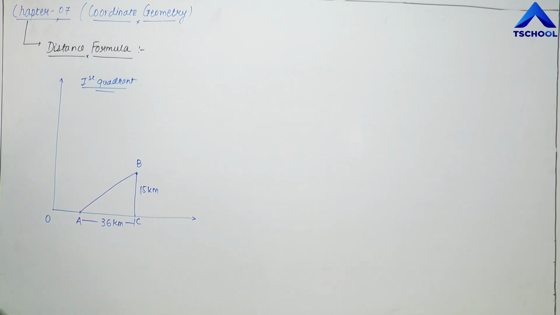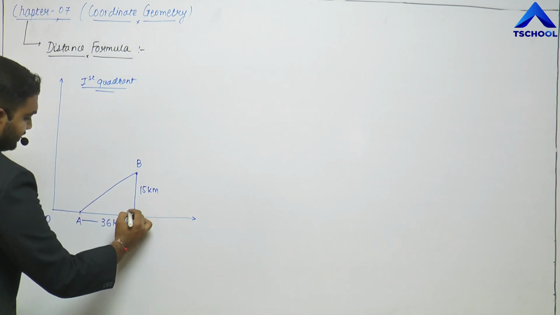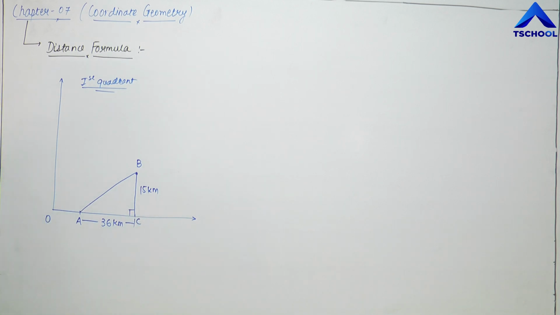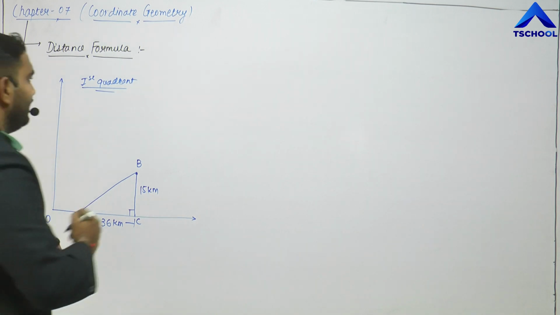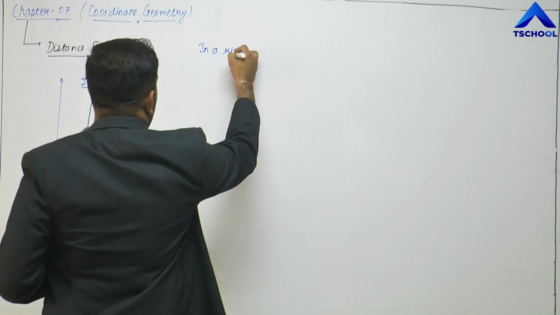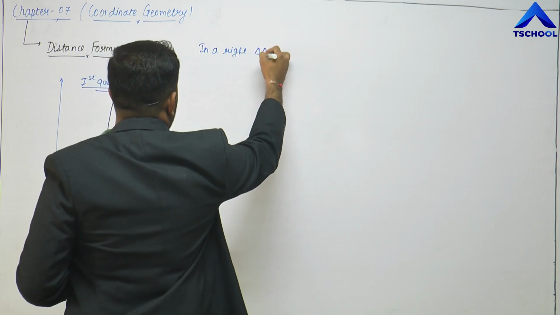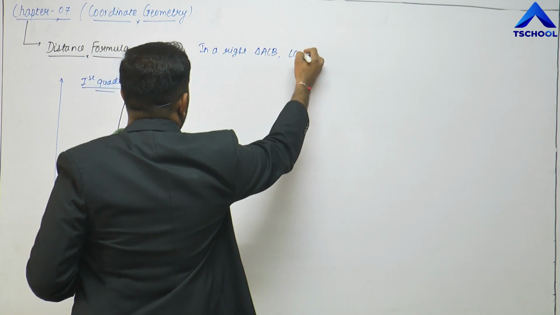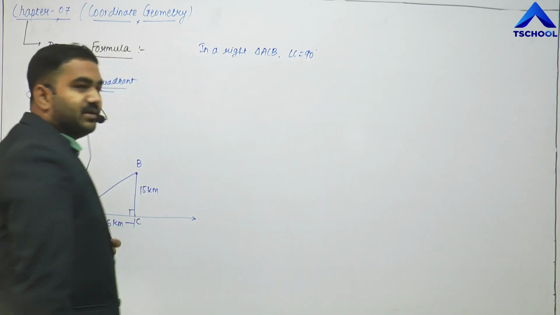Yes or no? If I want to find this distance AB, you can clearly see that the triangle so formed, ACB, is a right angle triangle. In the right triangle ACB, angle C is equal to 90.